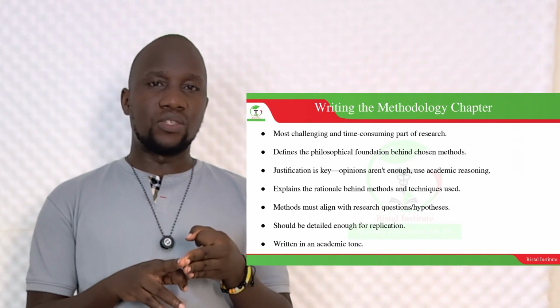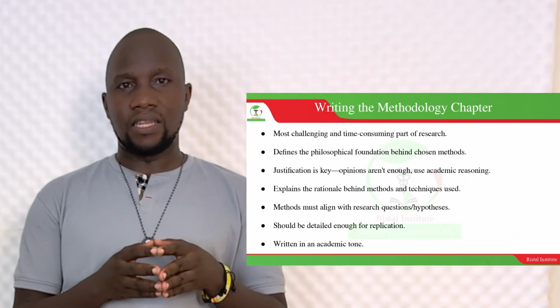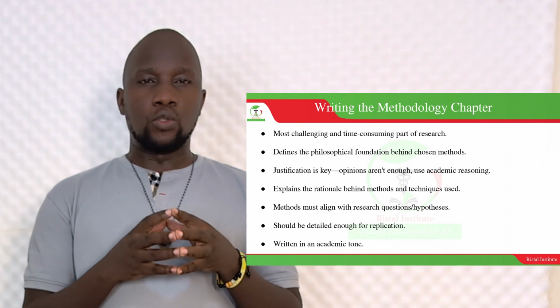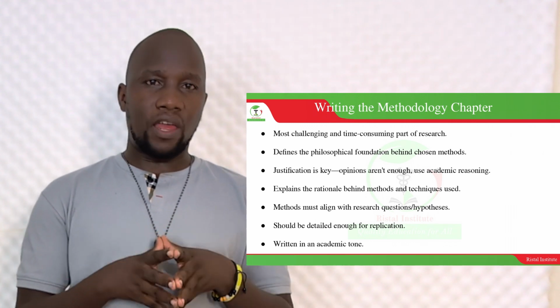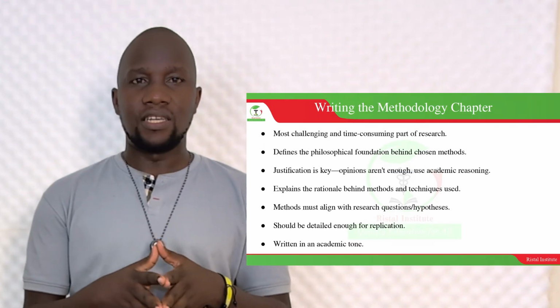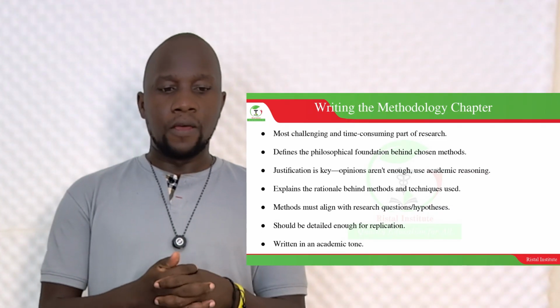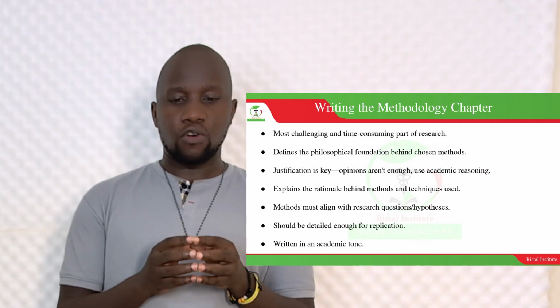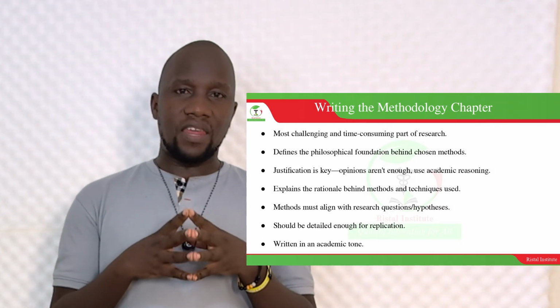We have several ways of analyzing data. You have a lot of things that you actually have to choose from. So that means that such decisions require a lot of thinking, and that's why it is often challenging and time consuming. Okay? It defines the philosophical foundation behind the chosen methods.